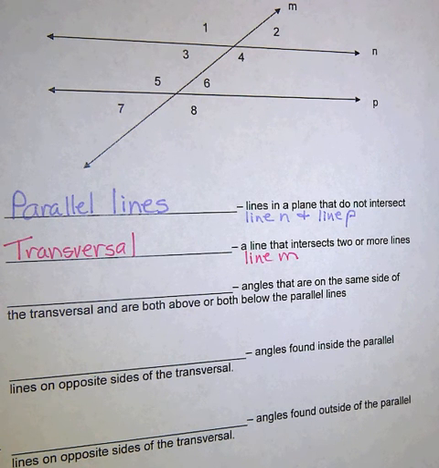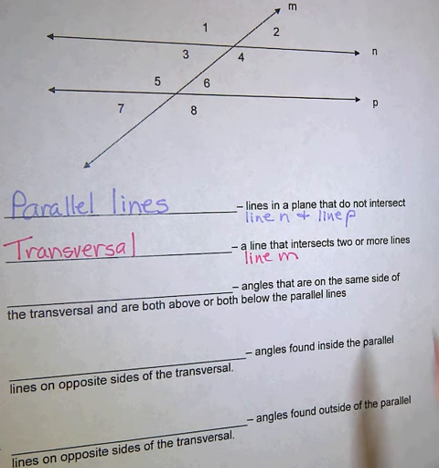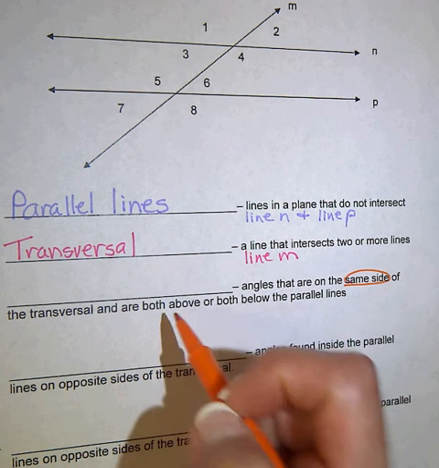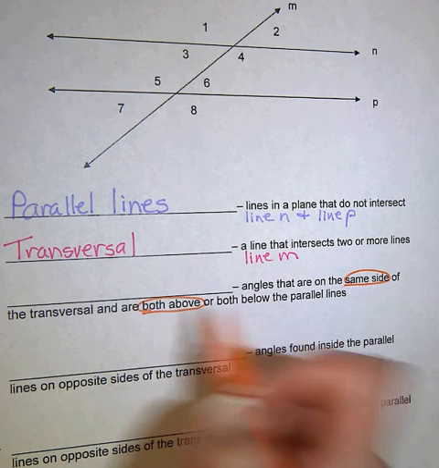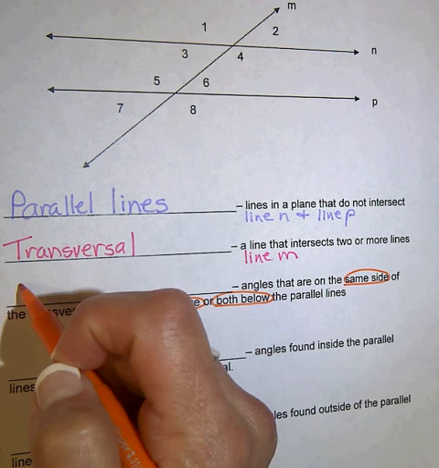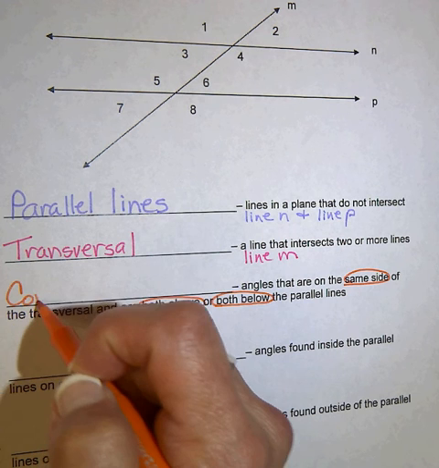Our first term, angles that are on the same side of the transversal and are both above or both below the parallel lines. So, same side of the transversal, both above or both below. These are called corresponding angles.